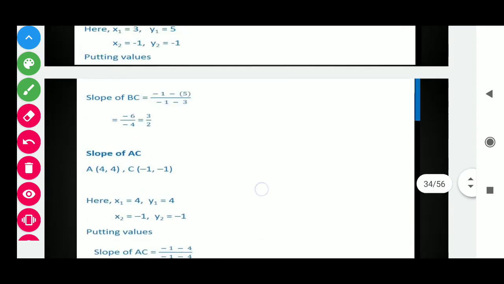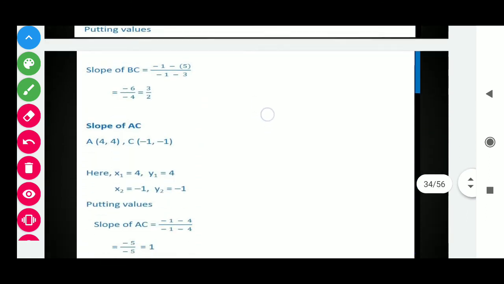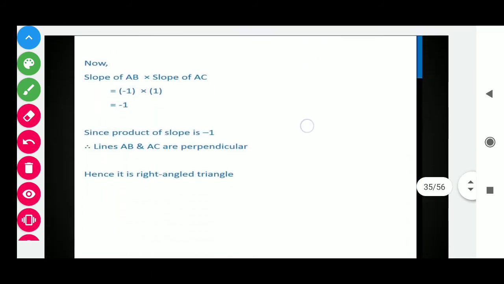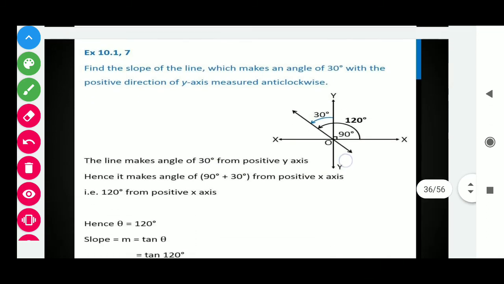So, the slope of line AB and the slope of line AC, if we multiply the two slopes, we get the answer minus 1. In this way, we can say that lines AB and AC are perpendicular, so hence it is a right angle triangle.